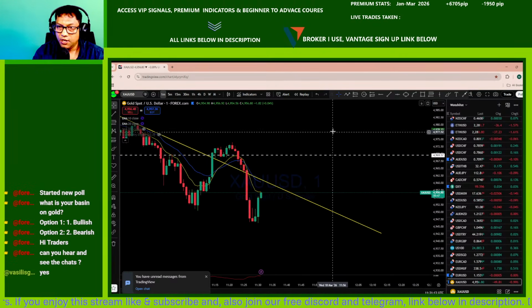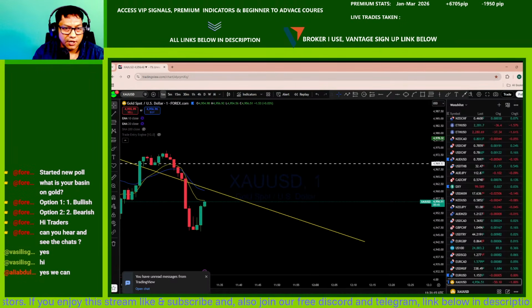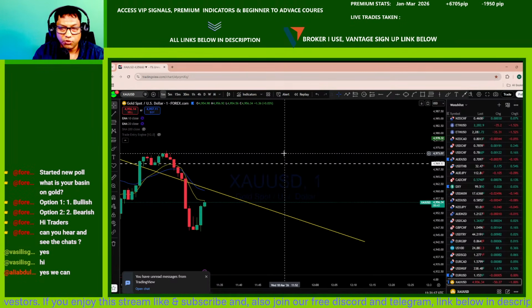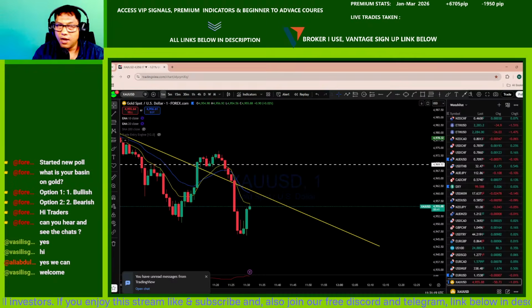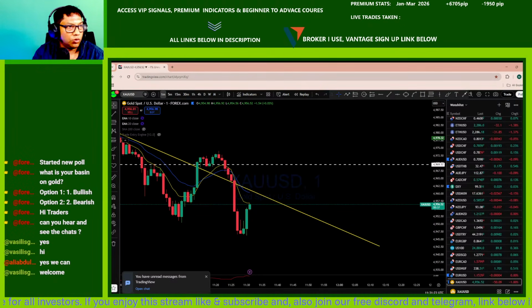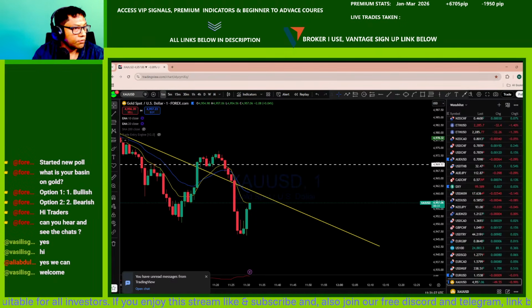It's back on track. So you see that there has been a break of structure here, and thanks for confirming. Now, looking here in this zone, a few more positions.